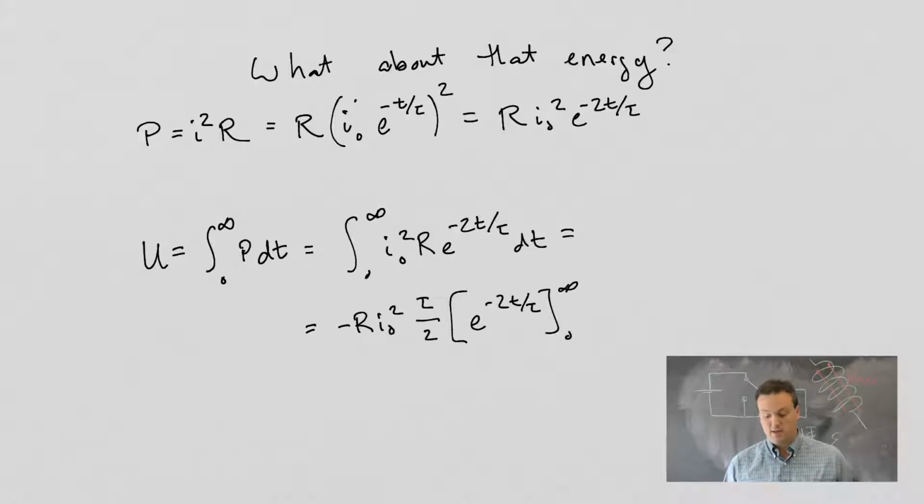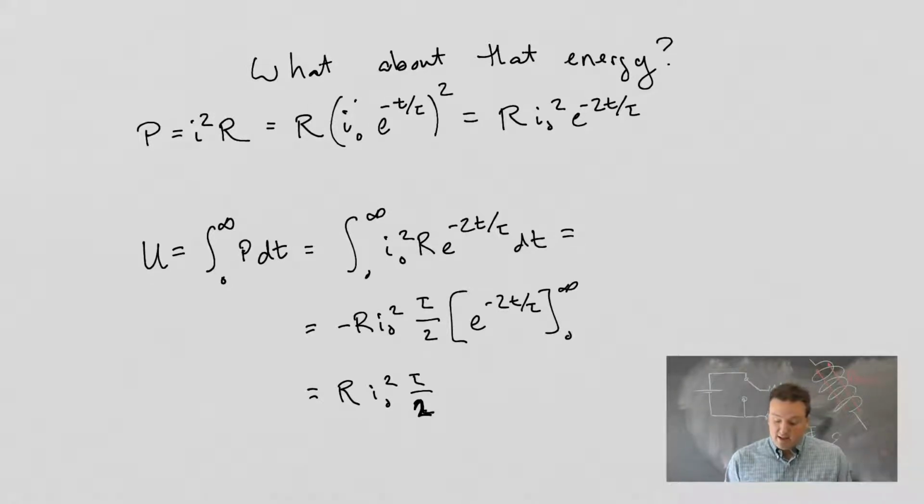That's just 0. e to the 0 is equal to 1, and so I'm left with R I naught squared tau over 2. Okay, now this is a nice expression, but it doesn't really tell me much about how I can reconnect this back to the system that I'm looking at, right? Like, what does this have to do with the physical constructs of the inductor and the resistor?